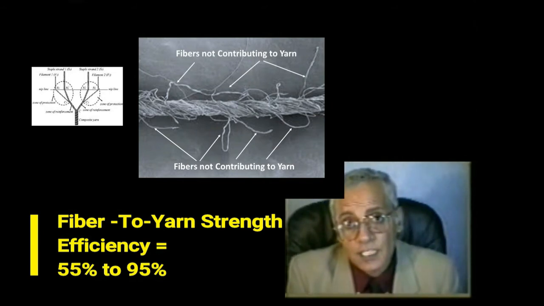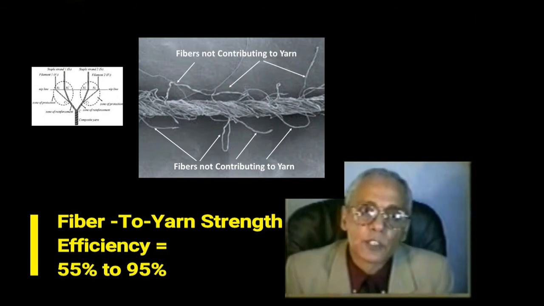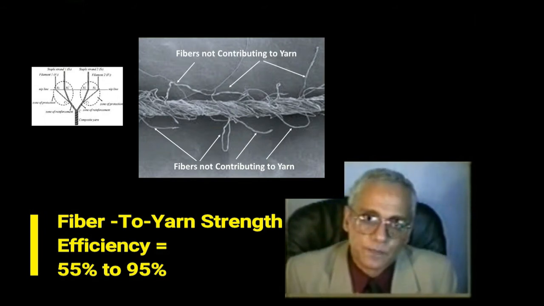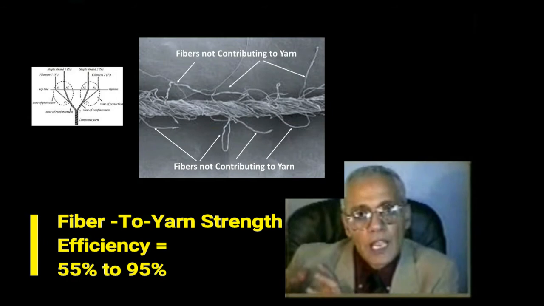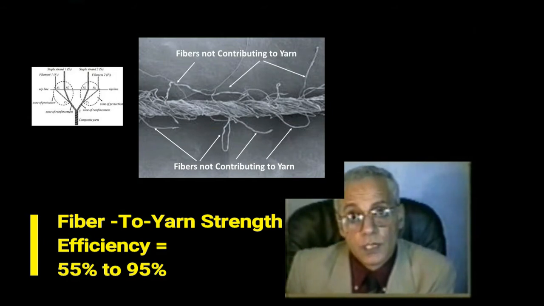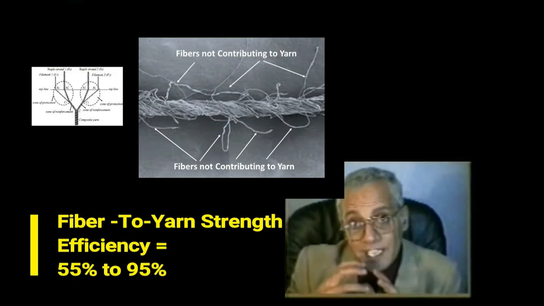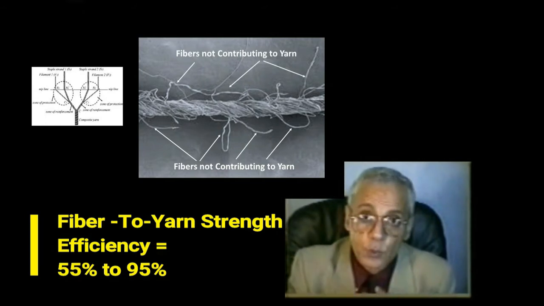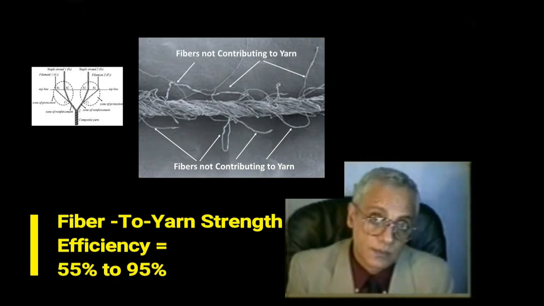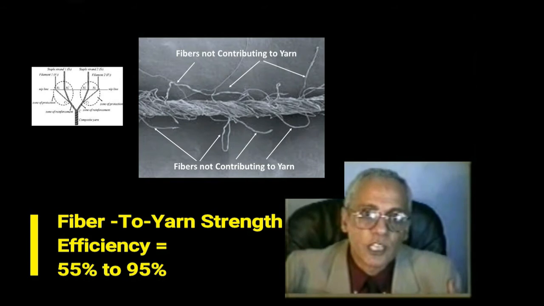So here is the key issue. Are we really converting the fiber attributes to yarn attributes, in the sense that we can utilize all these attributes in the yarn characteristics? What is our efficiency of conversion?